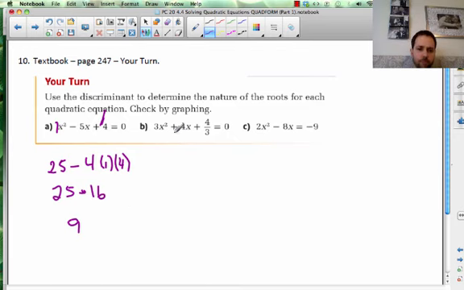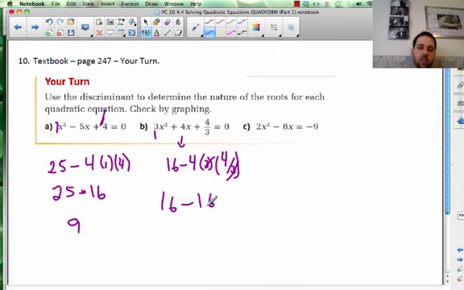This one, b squared is 4 squared, which is 16, minus 4ac. A is 3, so 4 times 3. And c is 4/3. Okay? Now, 3 times 4/3, your 3's will cancel, and we get 16 minus 4 times 4, which is 16.